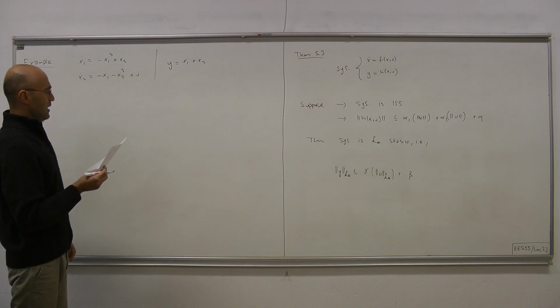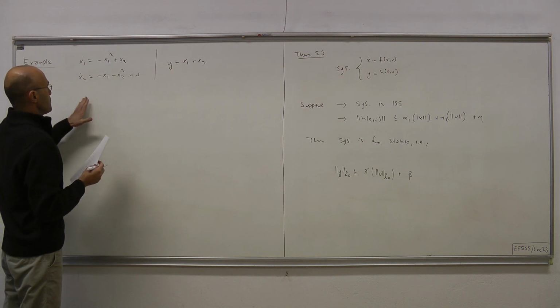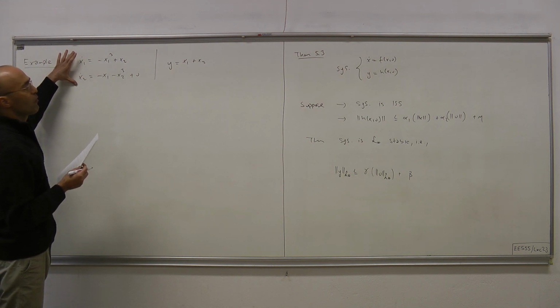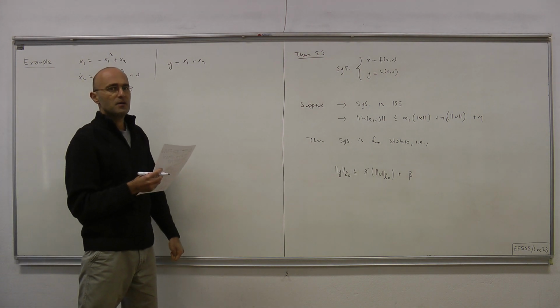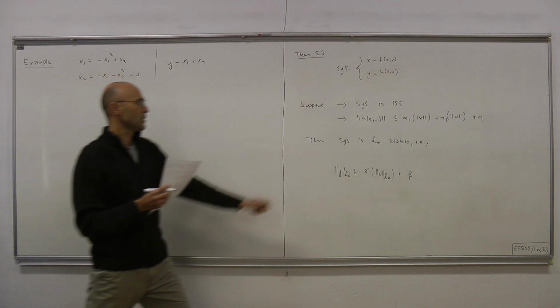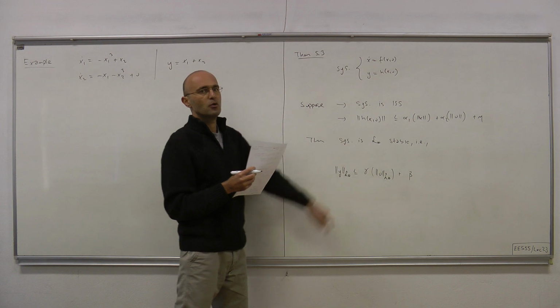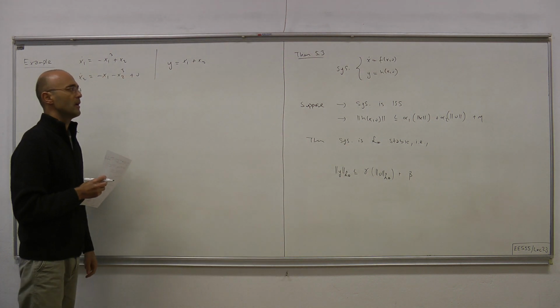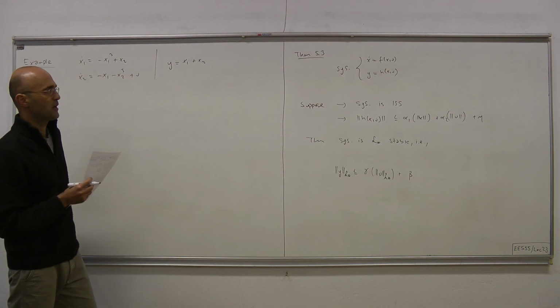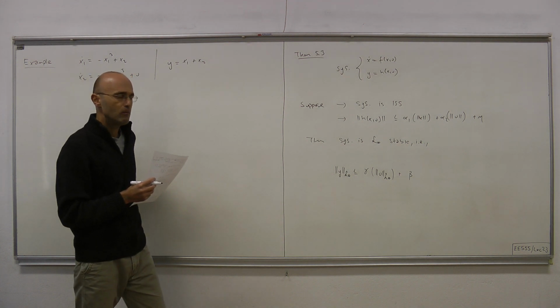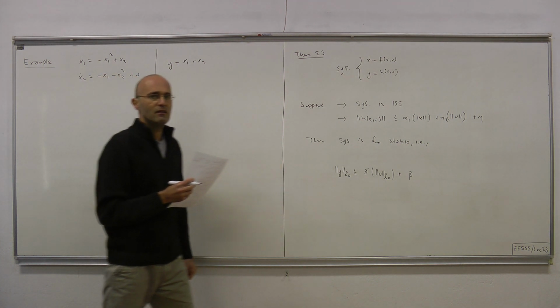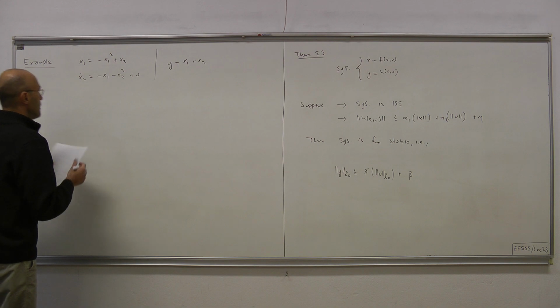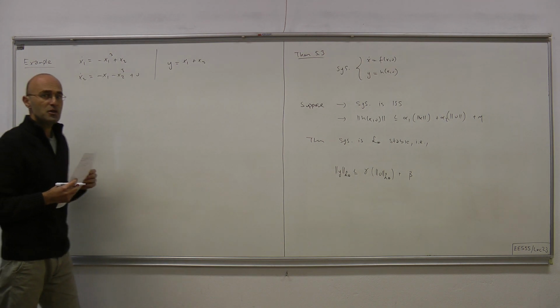Now, what we're going to do is show first that the system is input-to-state stable, and then it's easy to show that the second condition also holds, and together, thanks to theorem 5.3, we're going to establish that the system has to be L-infinity stable. So how do we establish input-to-state stability?